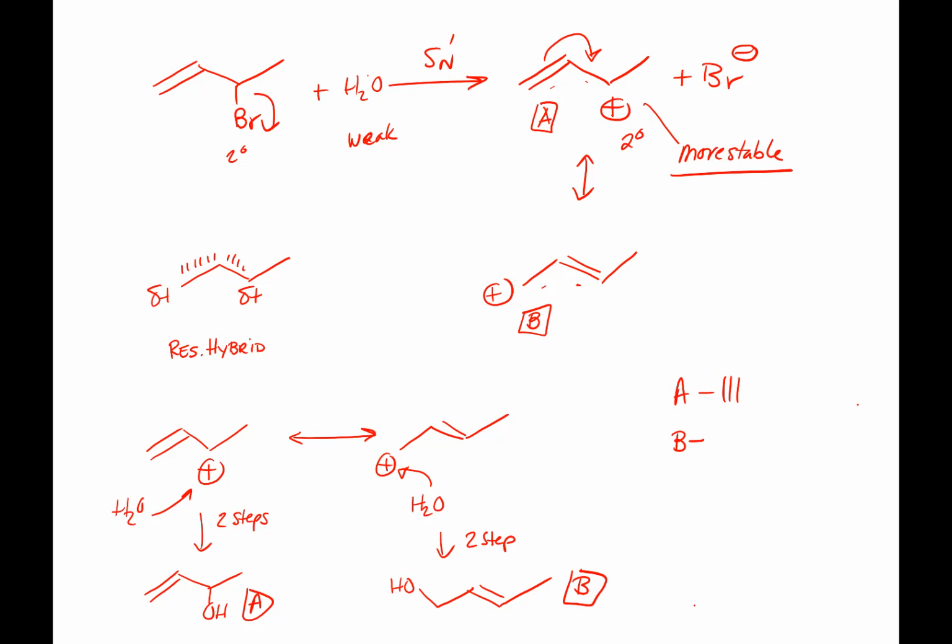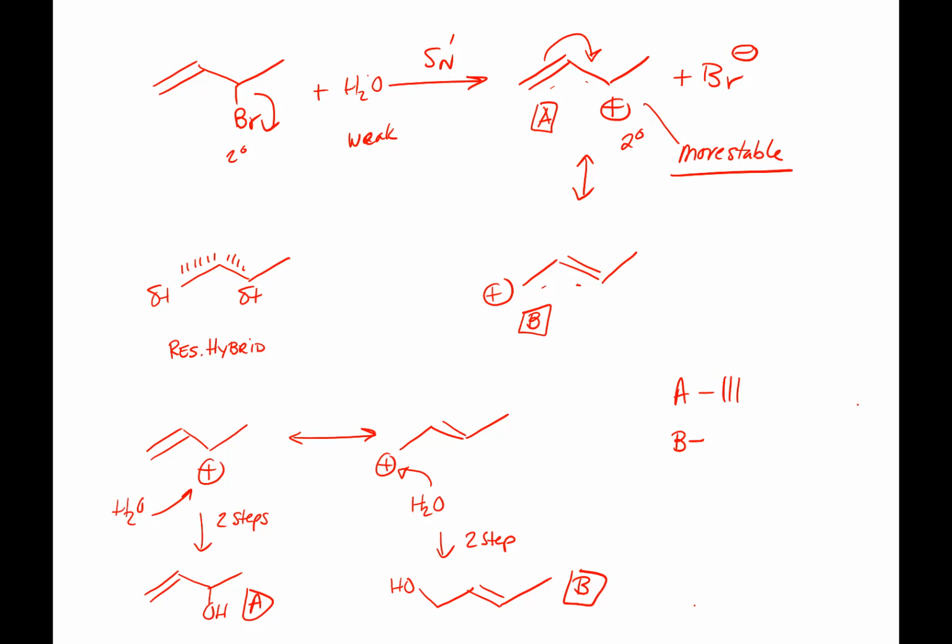Because here is a reaction where we have two things that are competing against each other. Product A would come from the more stable intermediate, but product B would be the more stable product. And if you're saying, well, wait, what about the alcohol part?